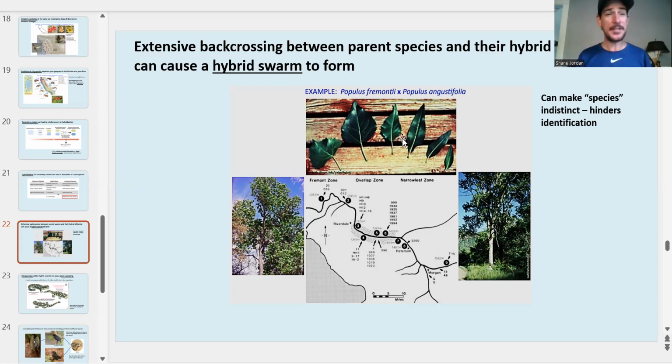So this does happen in nature, and it really throws a wrench in our concept of what a species is. Is this a single species? Well, evolutionary biologists probably would again call this a species complex, where in certain areas they're very distinct from one another, but in other areas, because of so much extensive hybridization, they are really indistinct from one another.